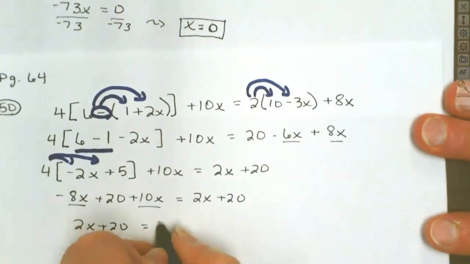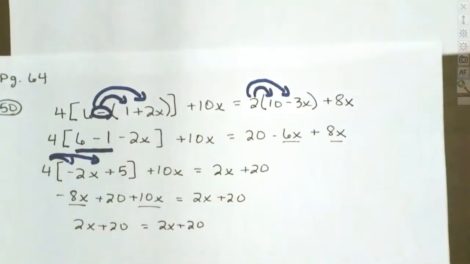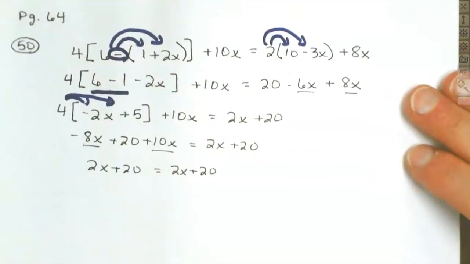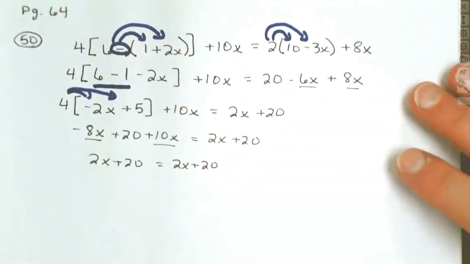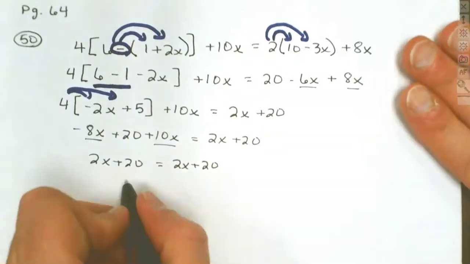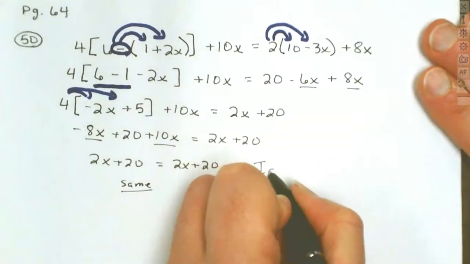And that equals 2x plus 20. Now, what do we notice about this one? Well, this is not conditional anymore, is it? Why is this an identity? Both sides are the same, aren't they? Right? So these are the same again. So this would be an identity.